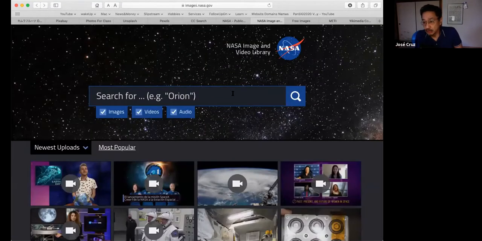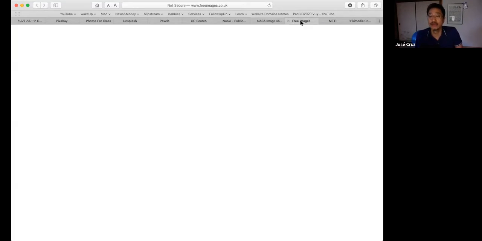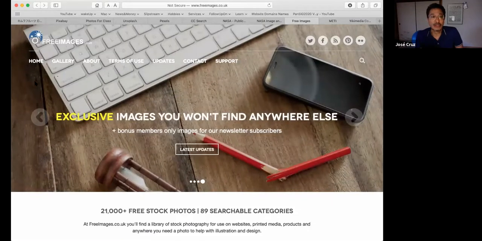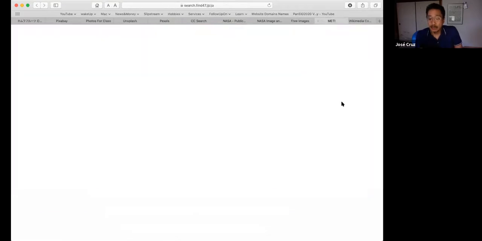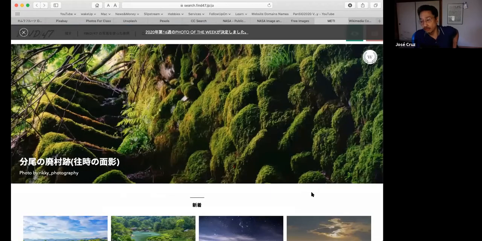NASA's other image library sometimes doesn't have the same stuff on those two sites. There are free images on, now it's called Free Images. It was a different name before, but anyway, good name. And then Japanese photos from, does anyone remember how the acronym METI goes? METI, Ministry for, I think it was the Tourism Ministry.